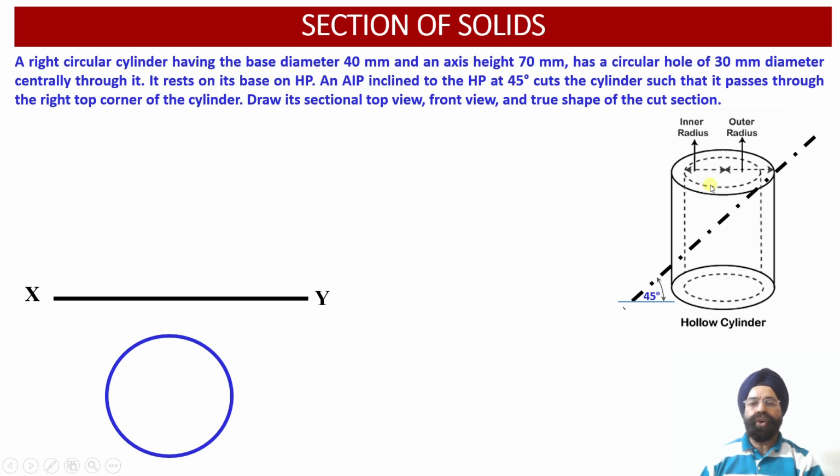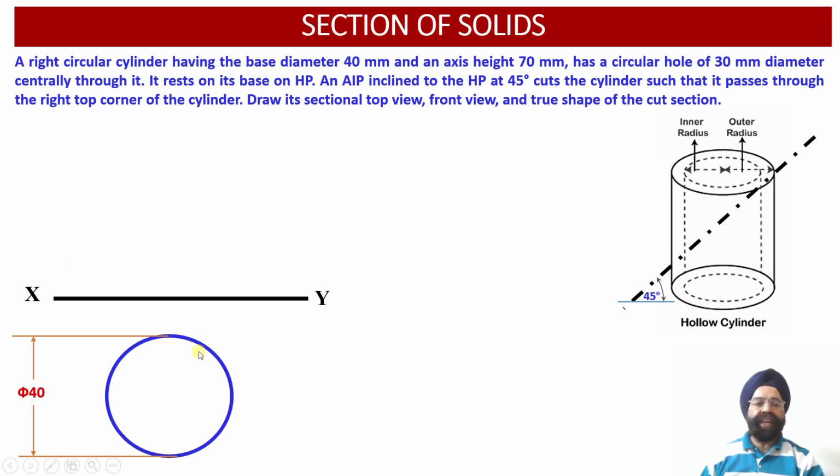So two circular projections, one having the diameter 40 millimeter and the inner one having the diameter 30 millimeter. Both of these circular projections will be visible to the observer.